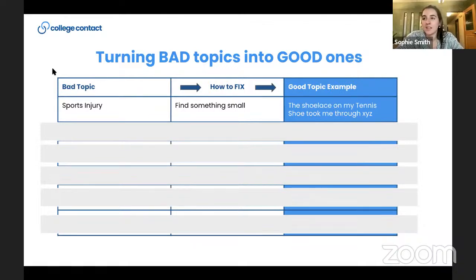The only reason why admissions officers and college counselors advise you guys not to write about these things is because we've seen it over and over and over again. And we've talked to admissions counselors and they've seen it over and over again. At a certain point, these topics just get too repeated or they're not helping you.